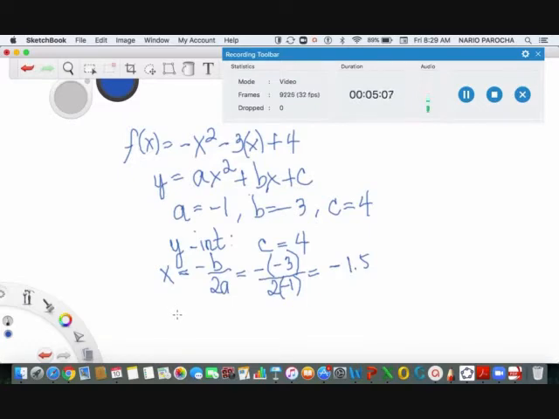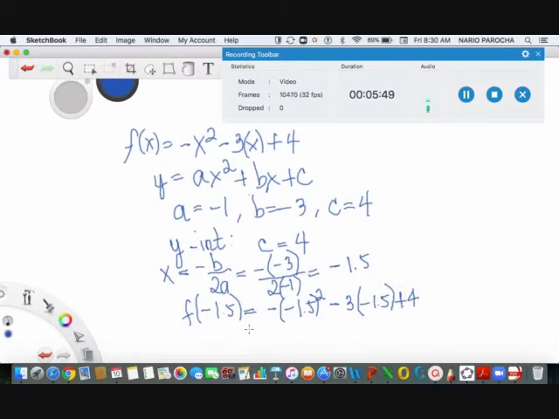If that is the x coordinate of the vertex, we could determine the y coordinate by substituting this value: negative the square of negative 1.5, minus 3 times negative 1.5, plus 4.